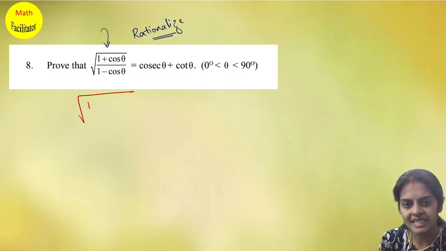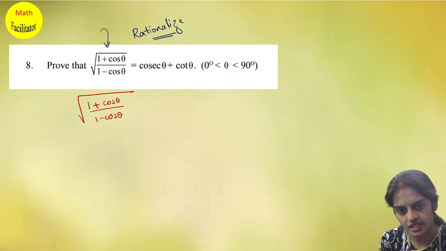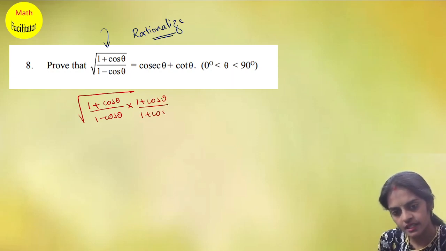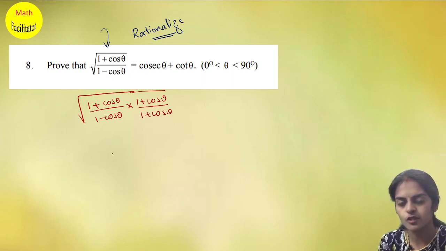Now see what we can do here. My LHS is root of (1 plus cos theta) by (1 minus cos theta). Rationalize the denominator. The denominator is 1 minus cos theta, so multiply and divide by 1 plus cos theta.